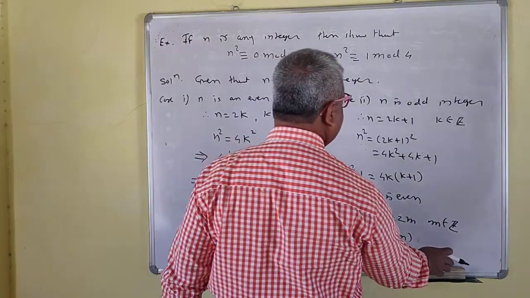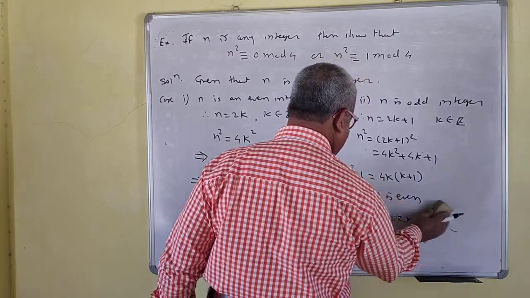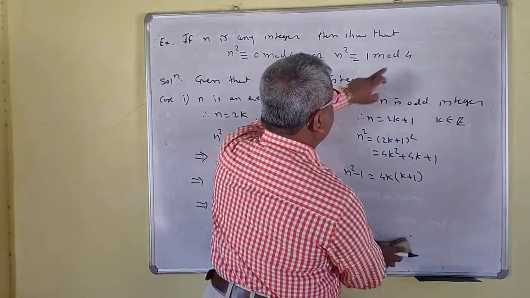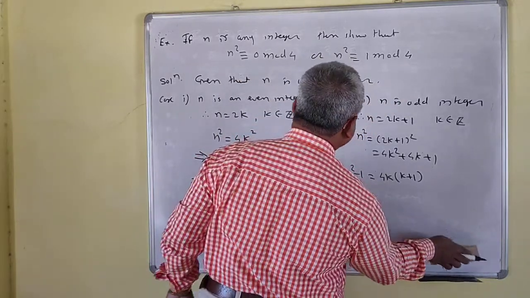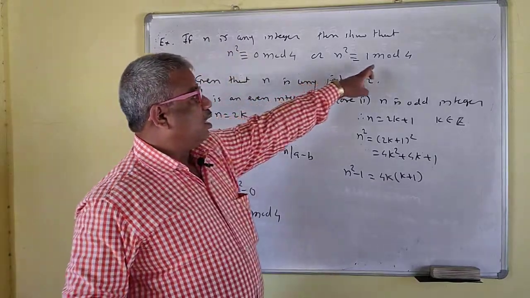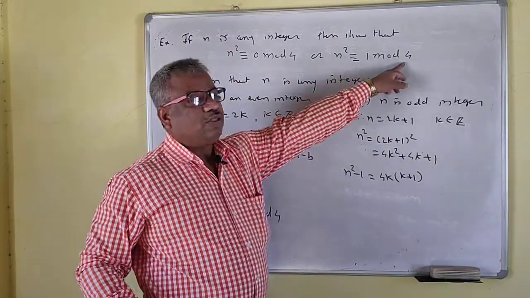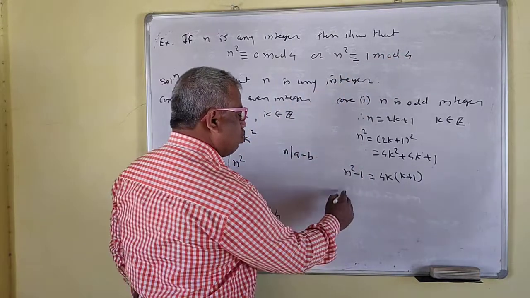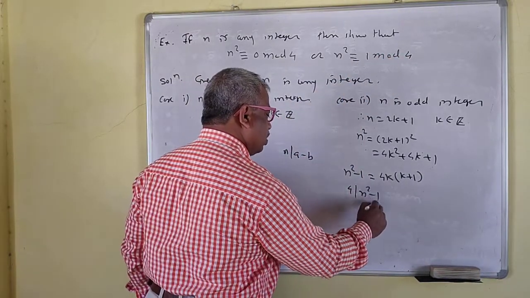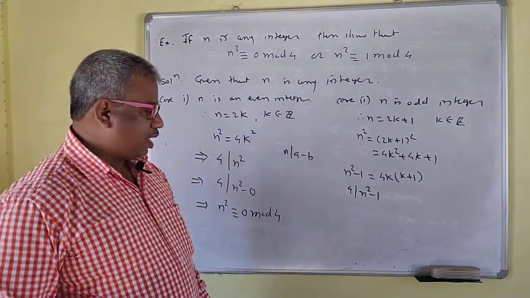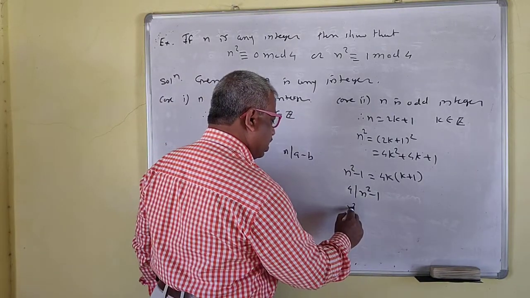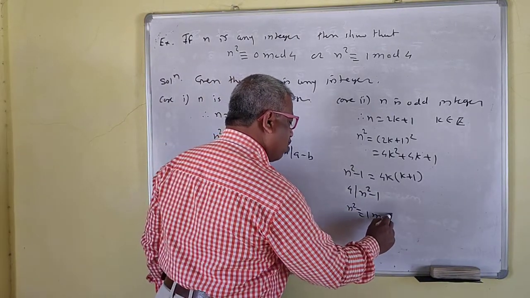This may happen that there is an 8 here, but here there is a 4, so no need for this. So 4 divides n square minus 1. That means n square is congruent to 1 mod 4.